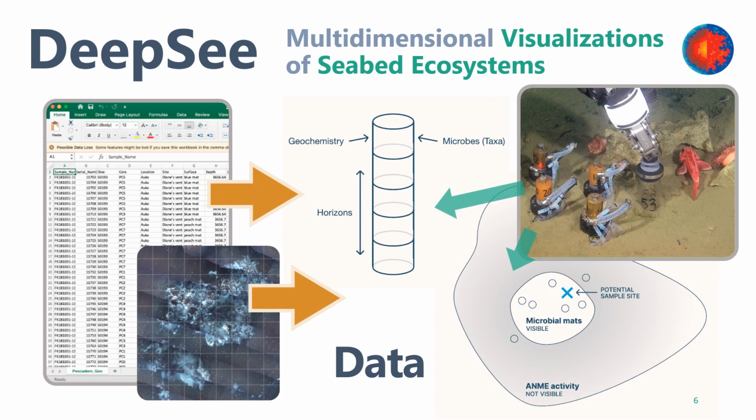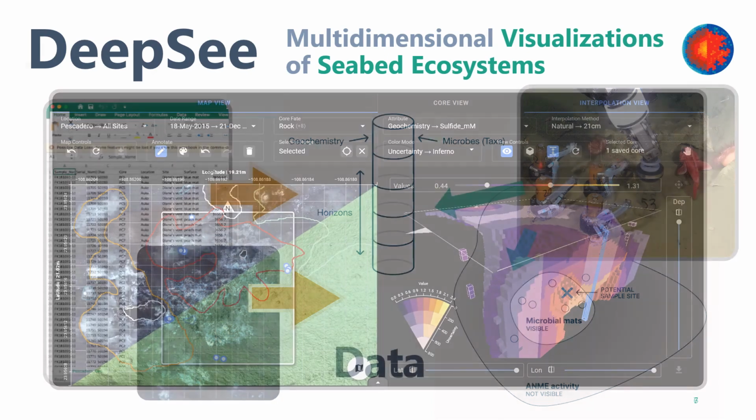Thus, we aim to visualize the distributions of geochemical and biological parameters in each core in multiple dimensions as a function of latitude, longitude, depth under the seafloor, as well as over different time periods, in a single cohesive interface featuring both table and map data.